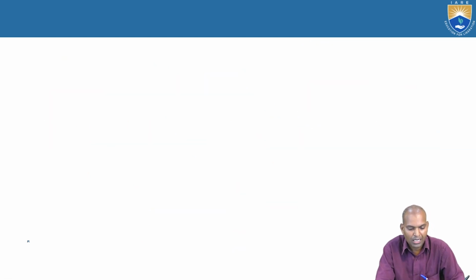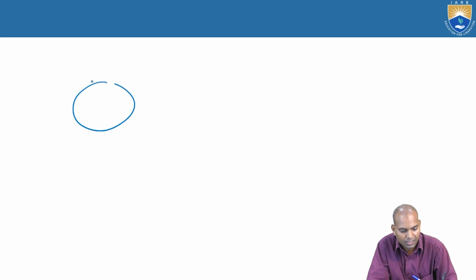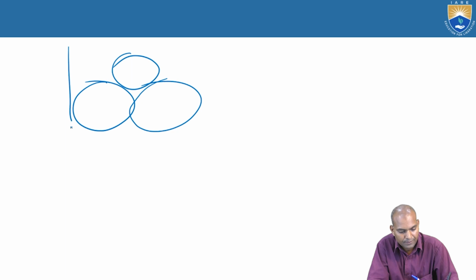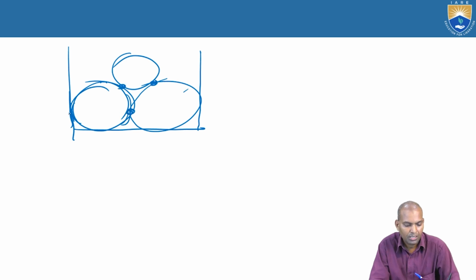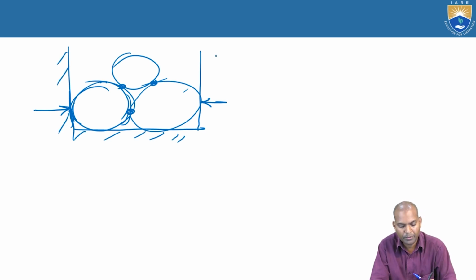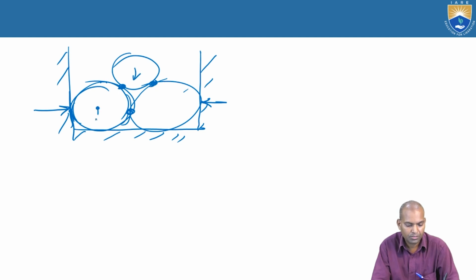And one more thing, the types of problems that can occur: there are 2-cylinder problems or 3-cylinder problems. These are contacting points. If you want to find the reactions at those contact surfaces, we have to use equilibrium conditions. Here we have the contacting cylinders, and we know the weights.